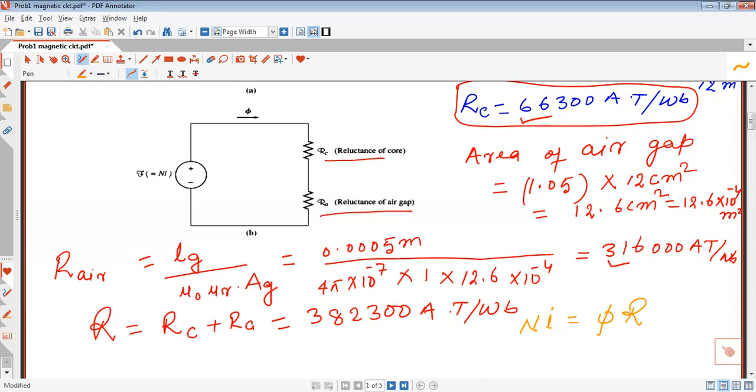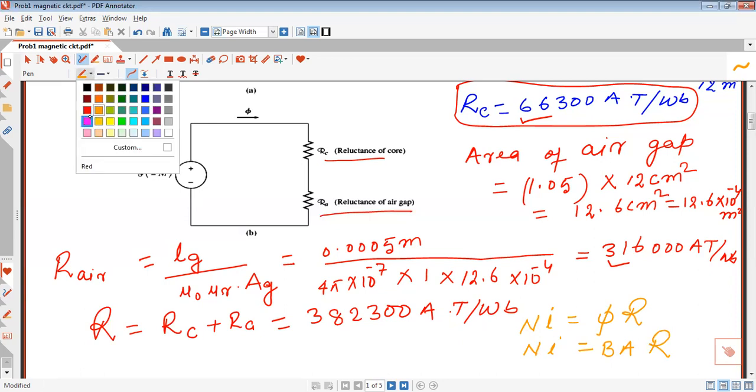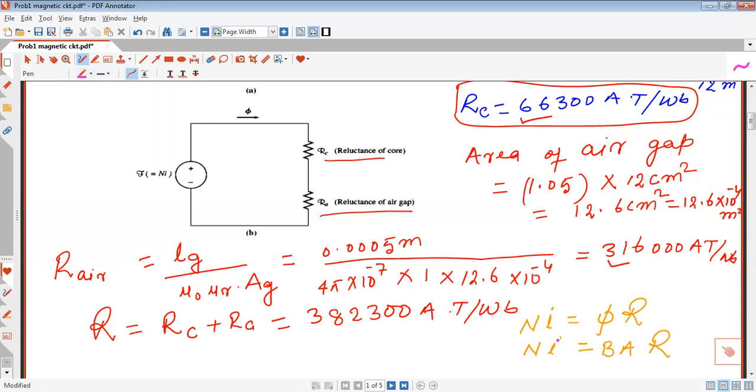The number of turns is known, but we have to find out the value of flux. Flux is B into A, phi is B into A.